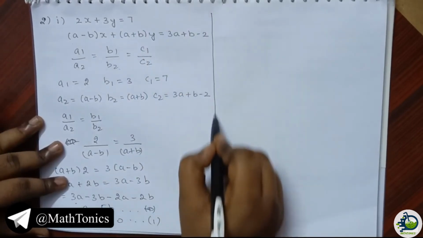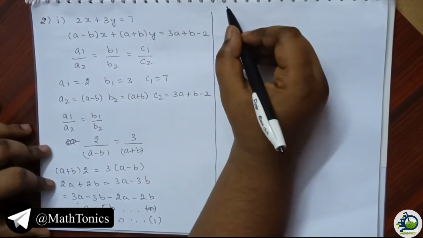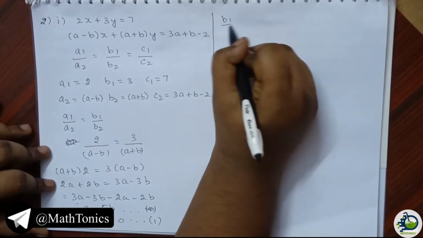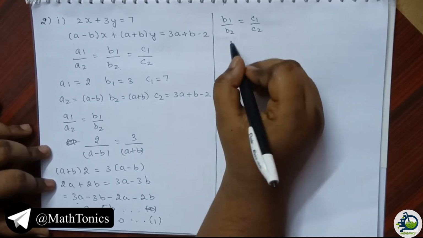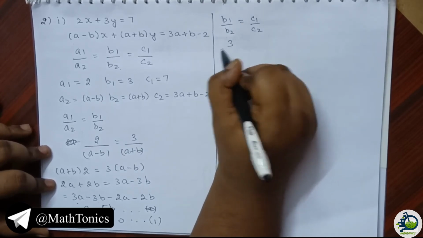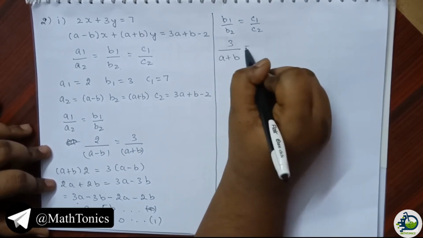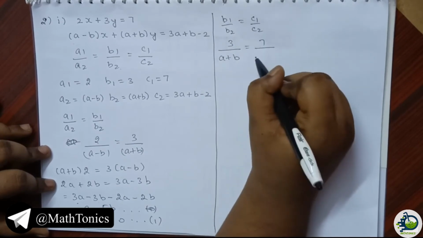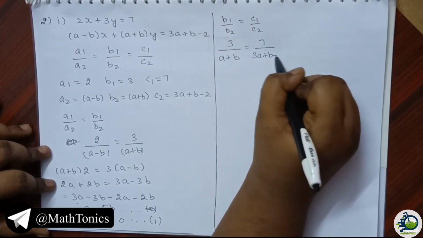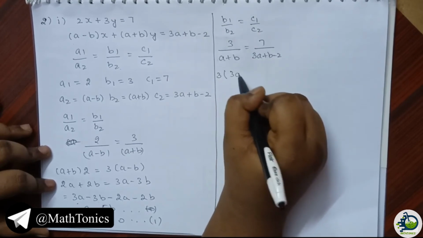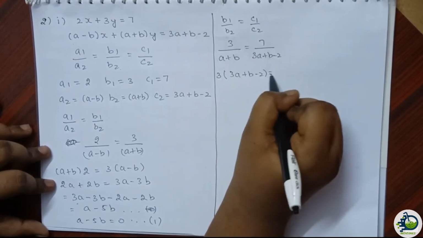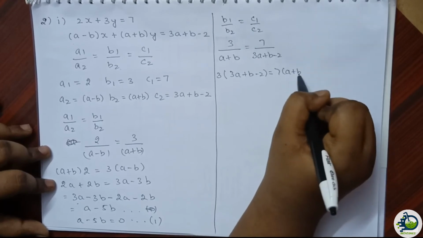Then we have to move on to b1 by b2 equal to c1 by c2. So b1 by b2 is nothing but 3 by a plus b, and c1 by c2 is 7 by 3a plus b minus 2. When we cross multiply, we are getting 3 into 3a plus b minus 2, which is equal to 7 into a plus b.